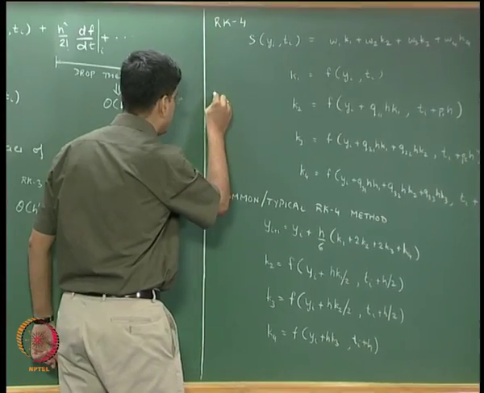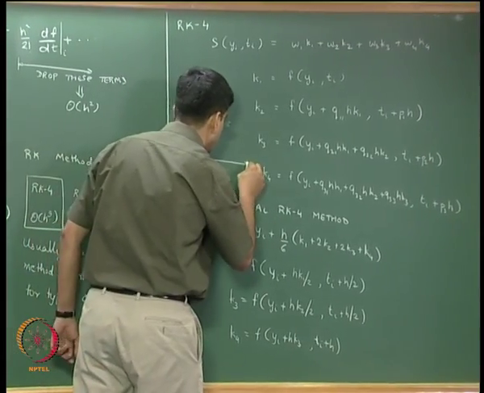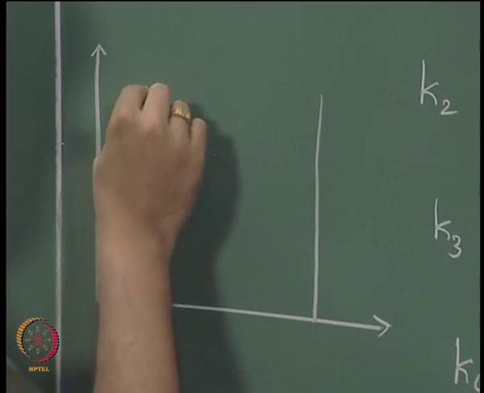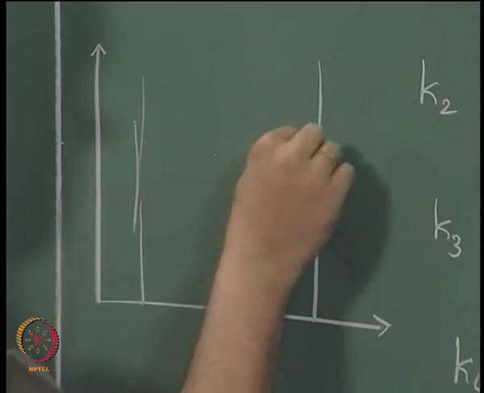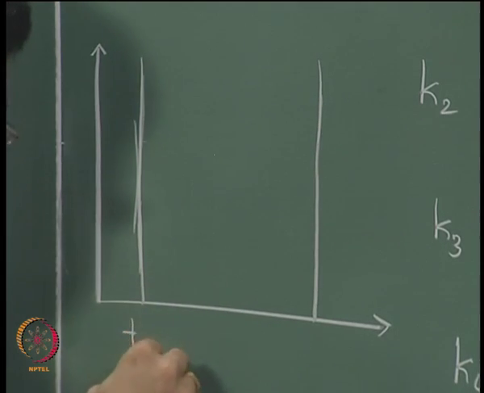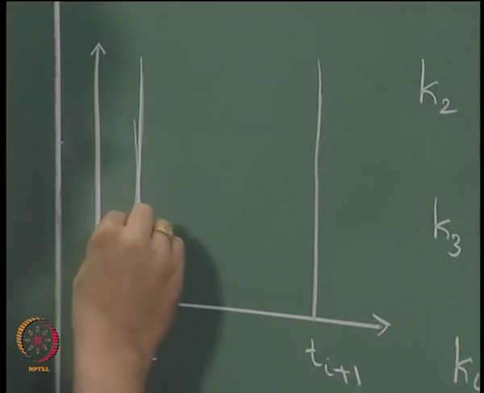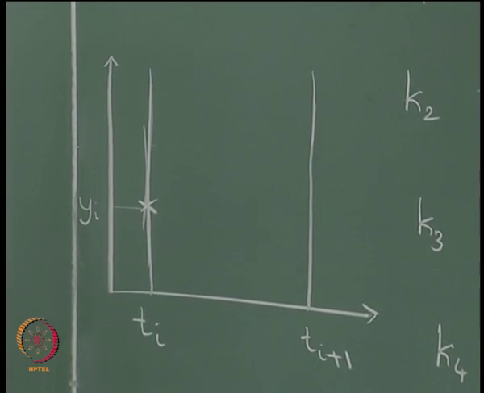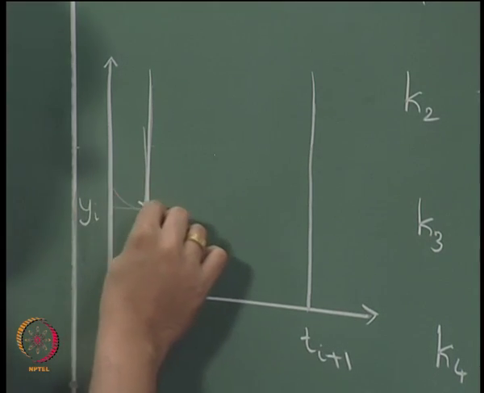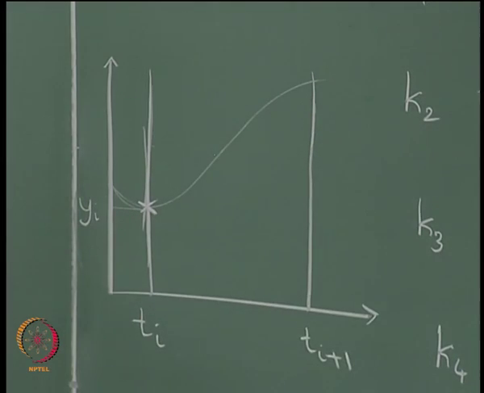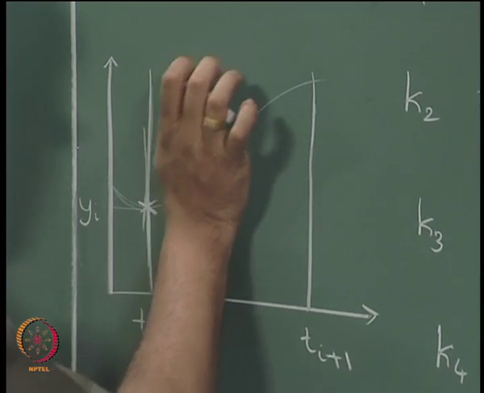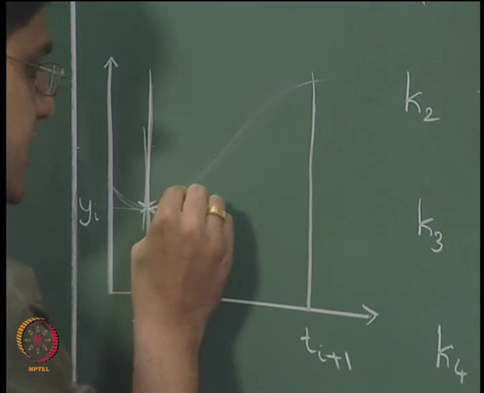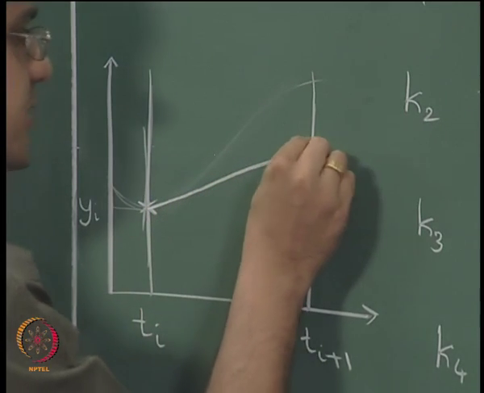What the RK4 method actually will do is, I am not going to draw the true curve over here. This is ti, this is ti plus 1, and let us say this is our yi. Our first slope is nothing but the slope of that curve. Let us say that curve is somewhat like this. Then our first K1 is just f of yi comma ti, shown by this particular white line.